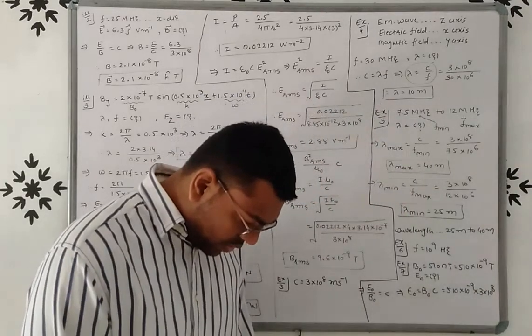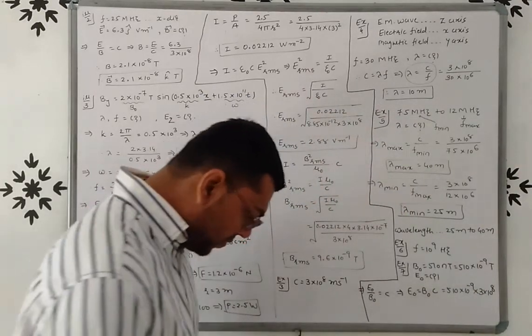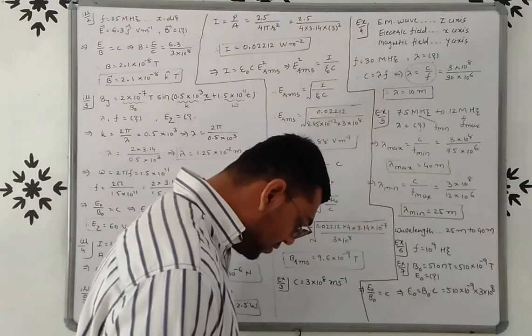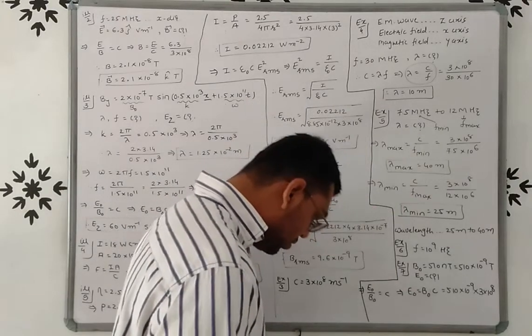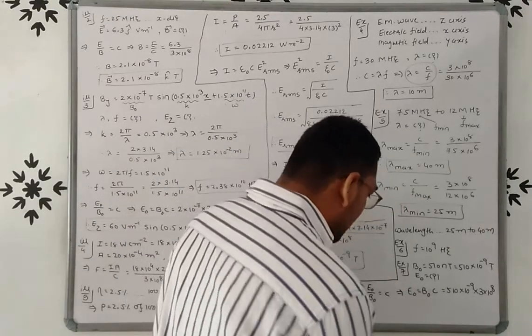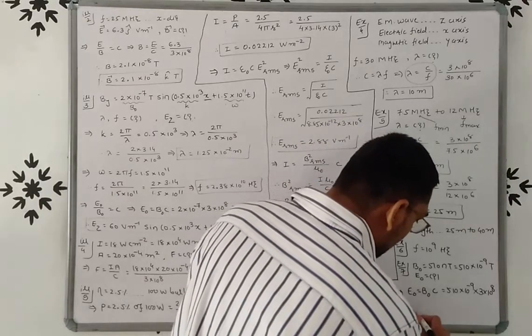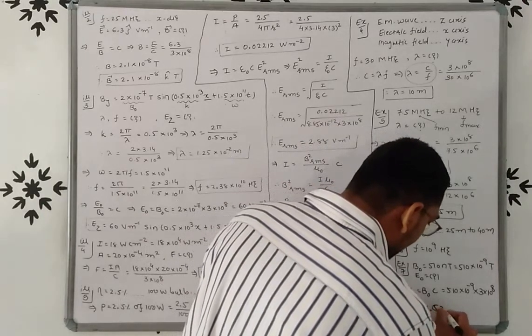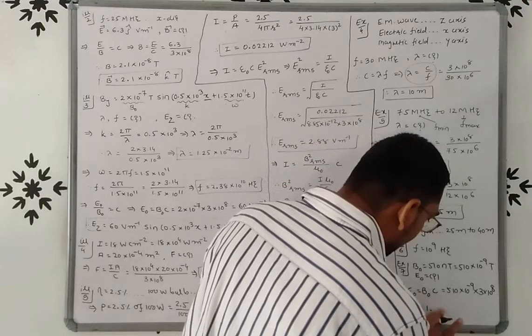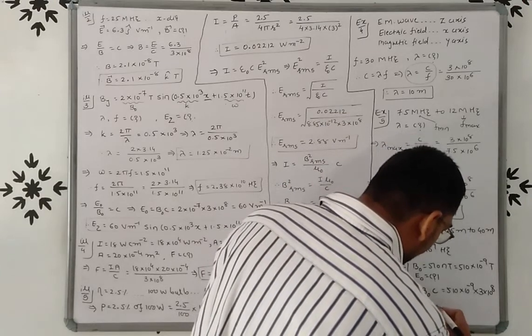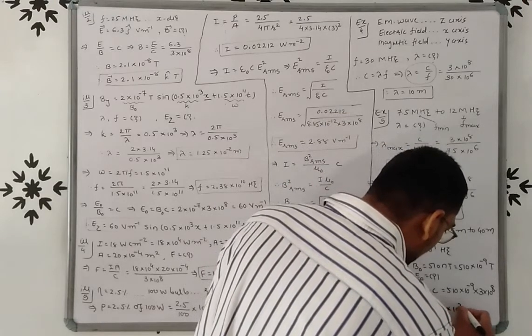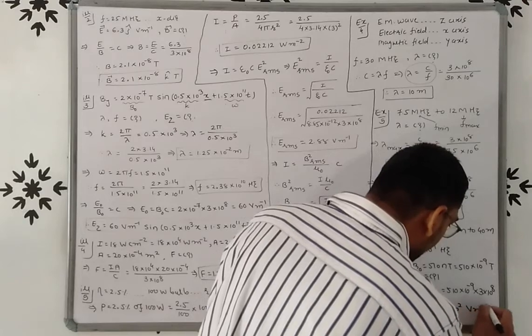Right? So you will get E0, that is equals to 1.53 into 10 raised to 2 volt per meter.